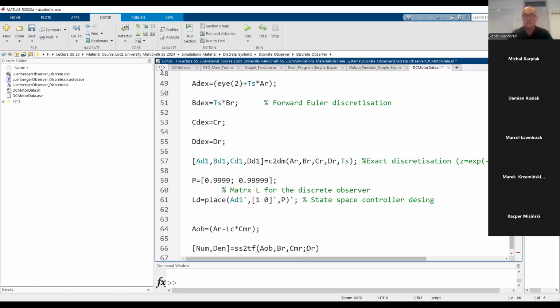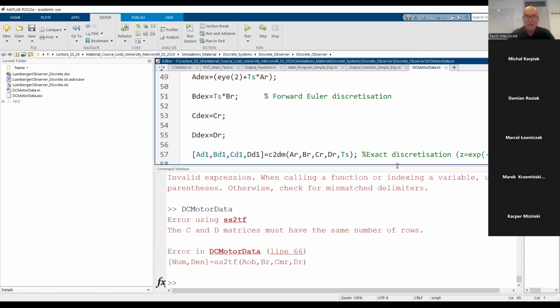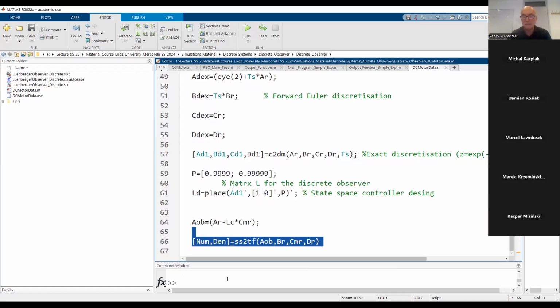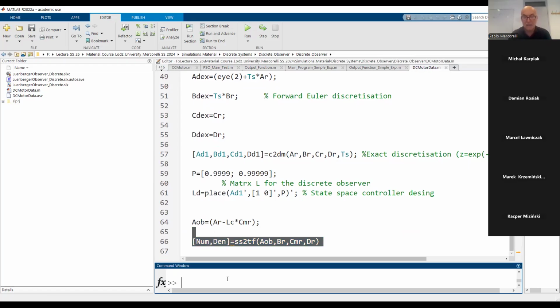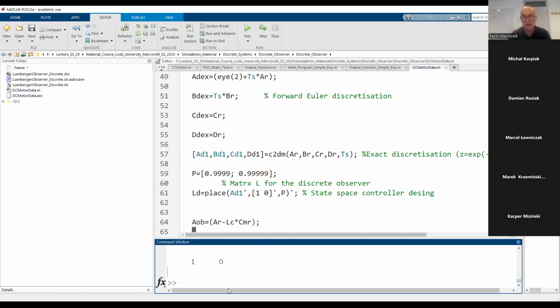Ah, here, clear, excuse me. Let me see now if I understand what I intend. Another error, let me see. Okay, I understand. Let me see CMR.